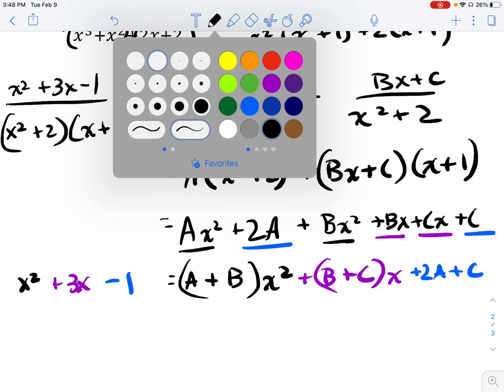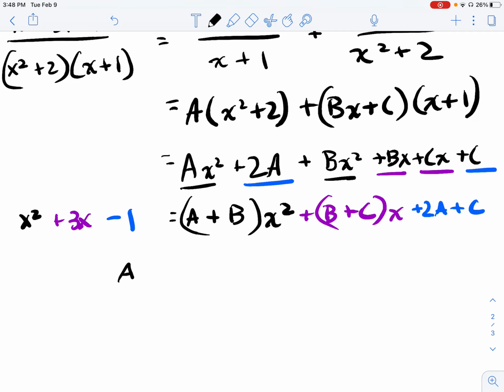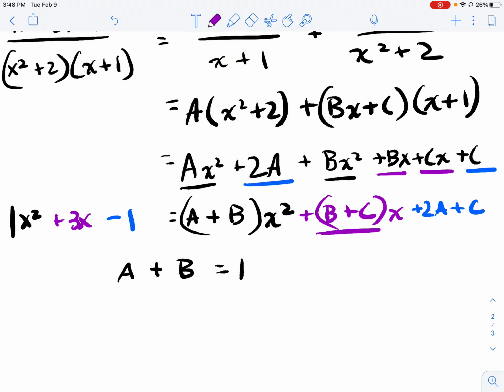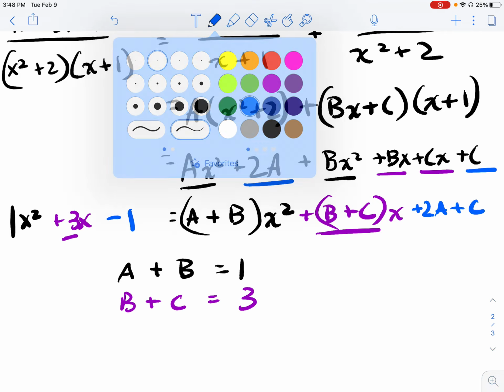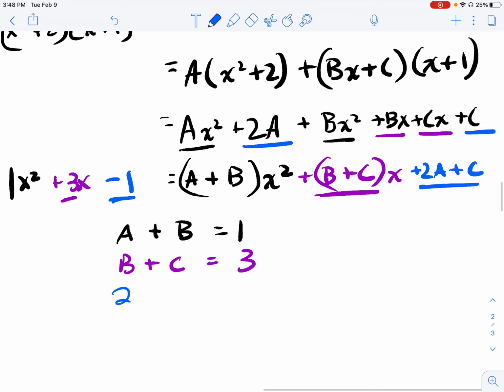So from here, we can go ahead and write our system as a plus b is equal to 1, because that's the coefficient in front of the x squared. b plus c has to be equal to 3. 2a plus c has to be equal to -1.